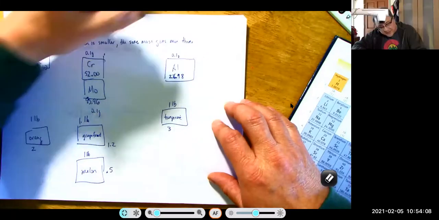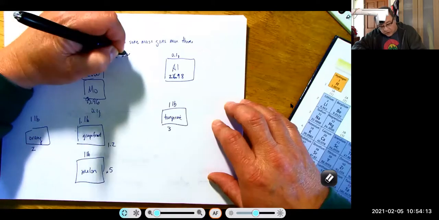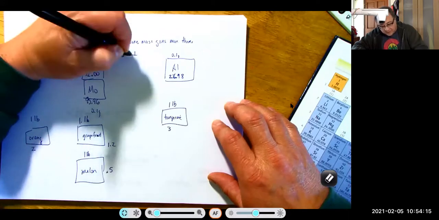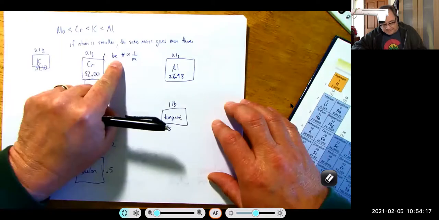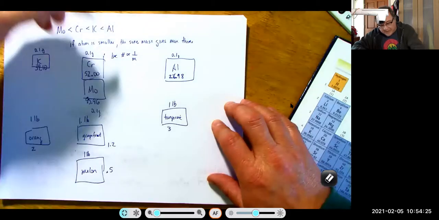And that's because the number is proportional to 1 over the mass. The lower the mass, the bigger the number. So you might write something like that down.